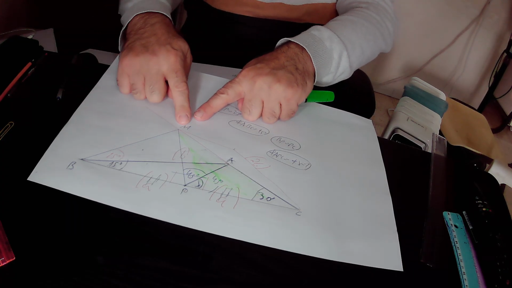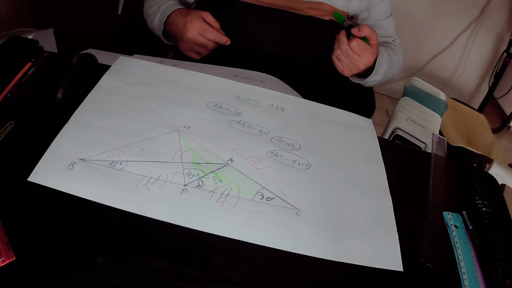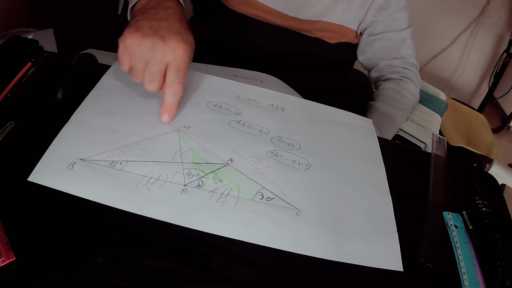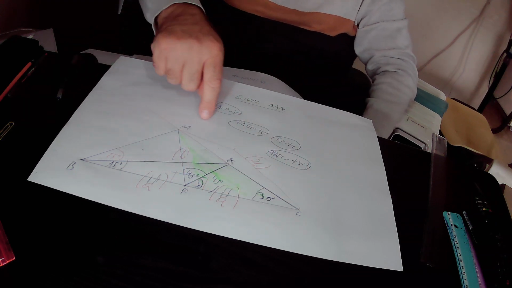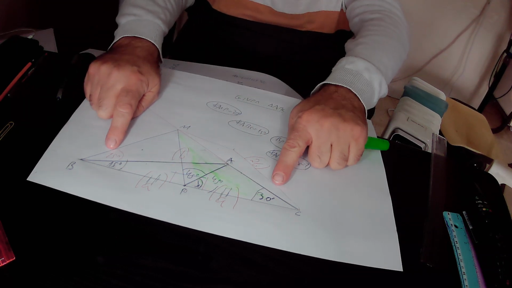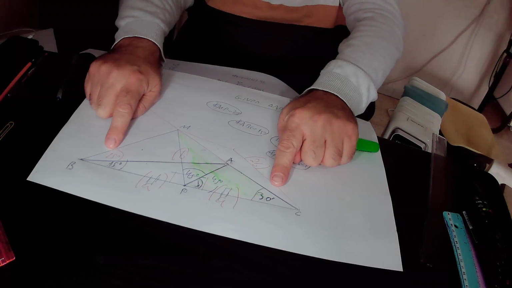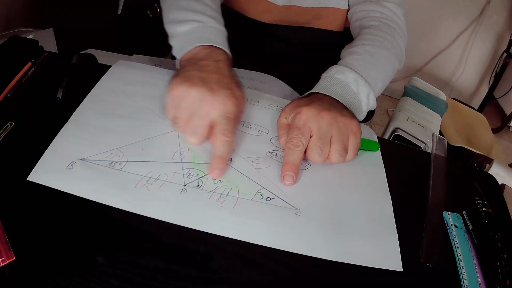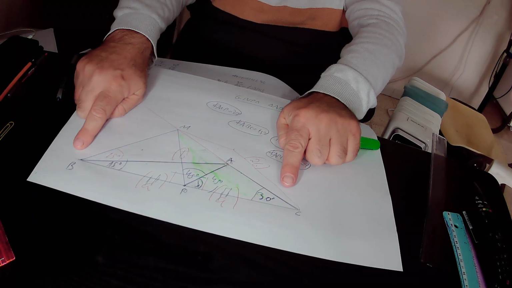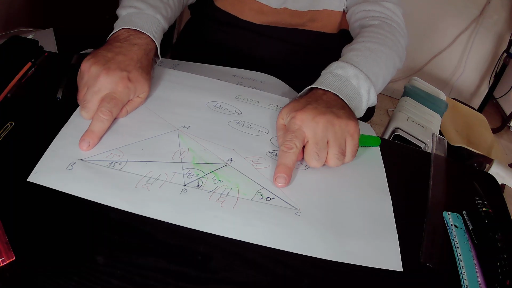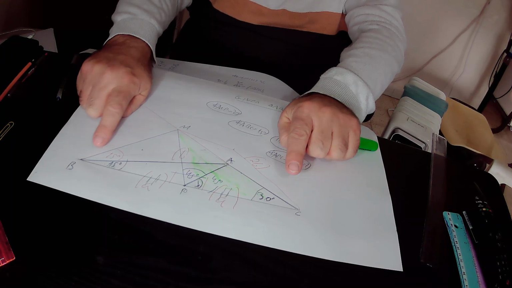This point is point M. So by doing this construction, we created the big triangle, triangle BMC. In the big triangle BMC, those two angles are both equal to 30 degrees in their sizes, therefore this is an isosceles triangle. And BC is the base of this isosceles triangle.